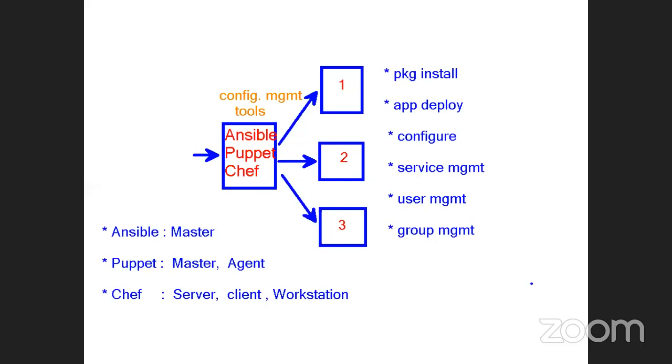So a single master can manage all your nodes, all your servers, in the case of Ansible. And in Puppet, can you see this picture? A single master can manage all your nodes, all your agents. And Chef has a server, client, and workstation. By seeing this picture, you can identify Ansible is simple to configure. The reason is Ansible has a single master.